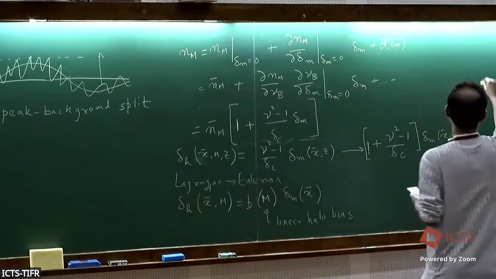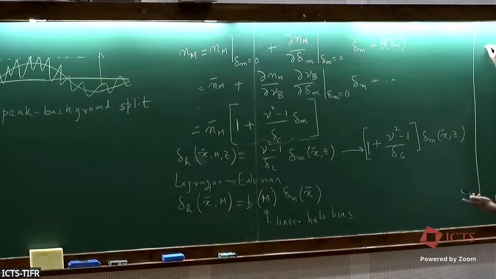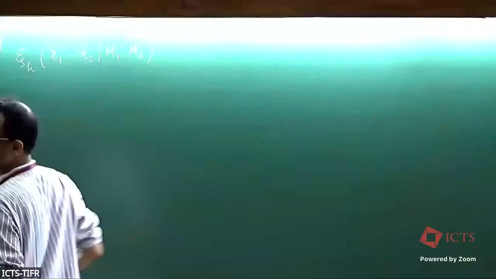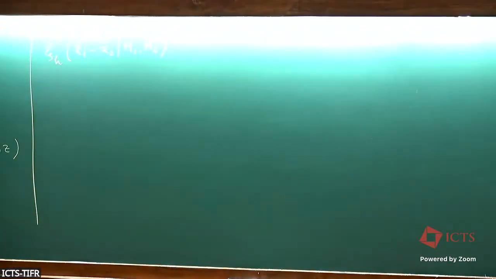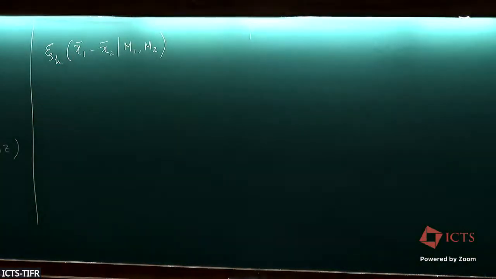So if I now go forward and calculate the 2-point correlation of halos, let us say that is x1 minus x2, and let us say I cross correlate halos of mass m1 with some mass m2. So you say that I'm looking for a cross correlation such that I found a halo of mass m1 in position x1 and a halo of mass m2 in position x2. And then I check this for all possible realizations for the same x1 minus x2.